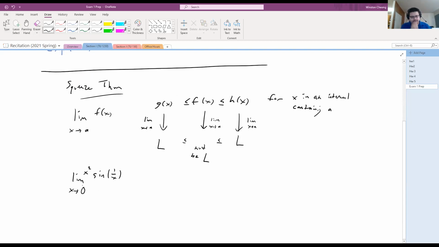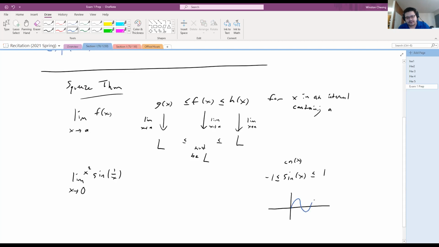What's important is that with this kind of function, the sine function is bounded between -1 and 1. If you think visually about the sine and cosine functions, the same is true for cosine. These are oscillatory functions.